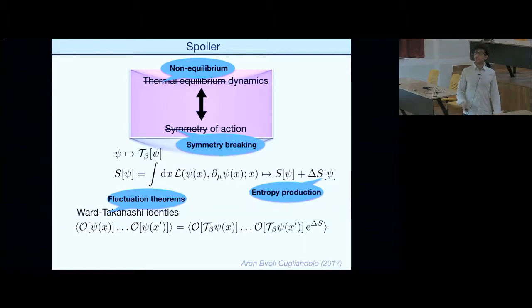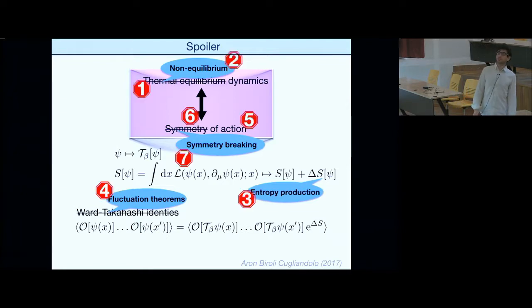Okay. So let me do the roadmap. We have a few stops today. First, I'm going to tell you about equilibrium dynamics, classical and quantum, just to set up our discussion. Then what I mean by going out of equilibrium, how I drive the system.